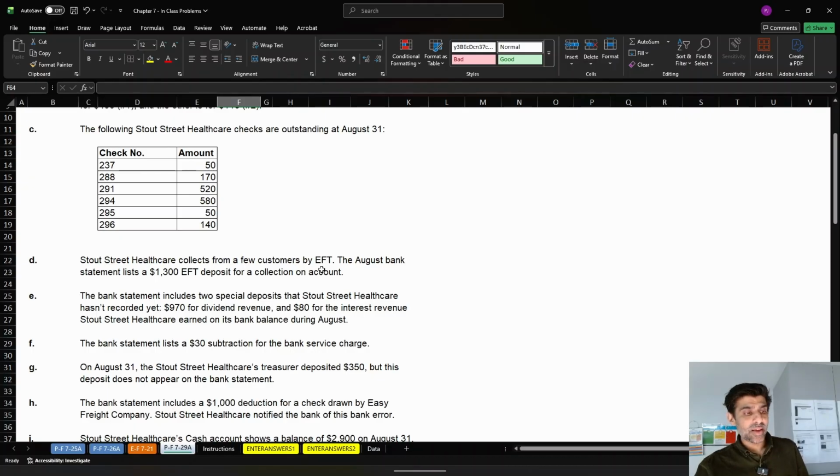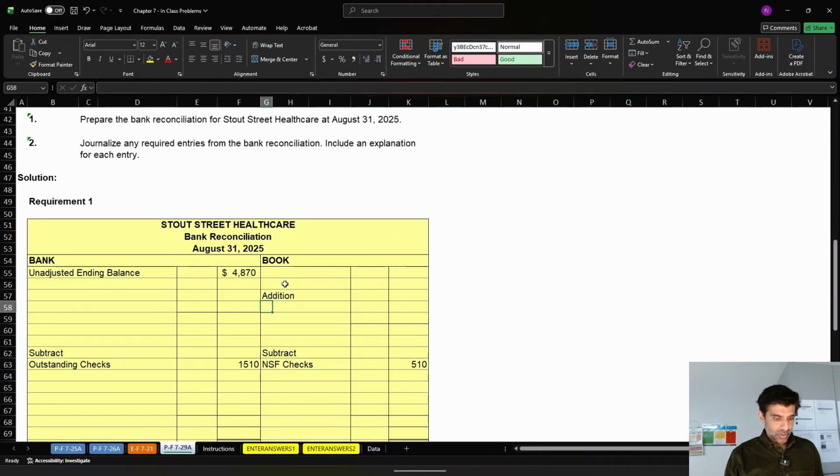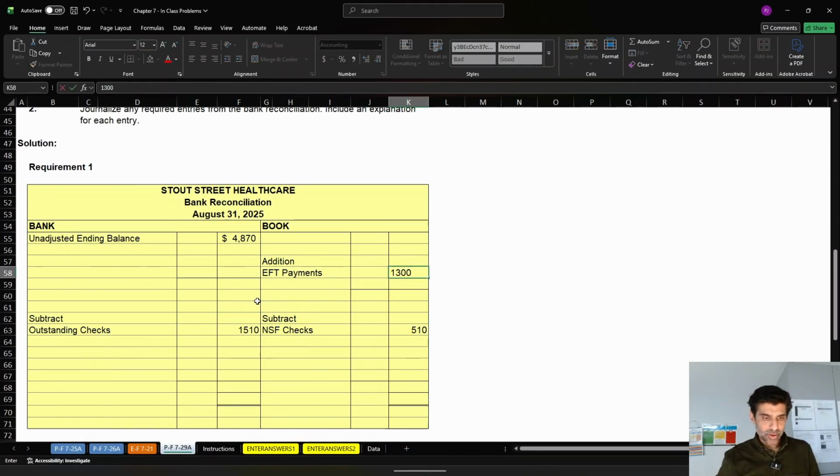So that means that my accounting books have not yet included this cash, because it went straight to the bank. They never sent me any notification of that. But now I look at my bank statement, I see, hey, my customers sent me $1,300. So that's going to be a book side adjustment, and it's going to be an addition. EFT payments, 1,300.